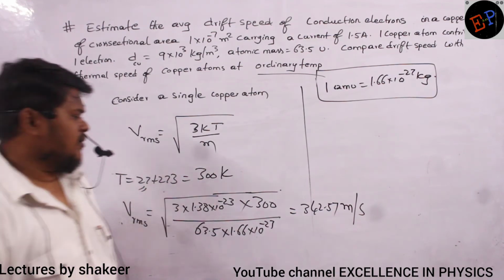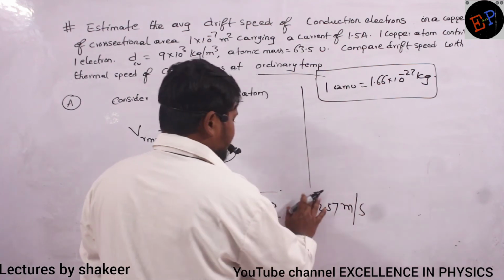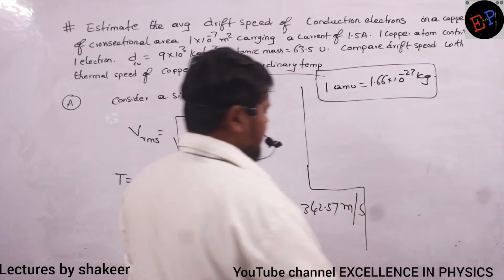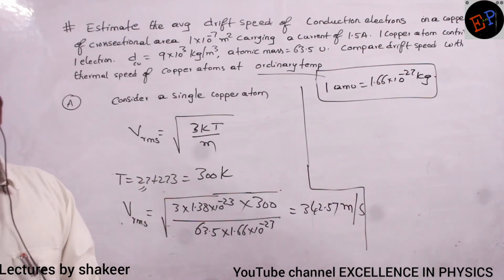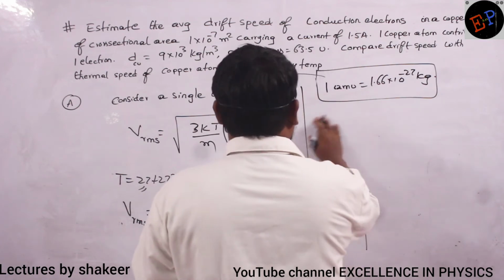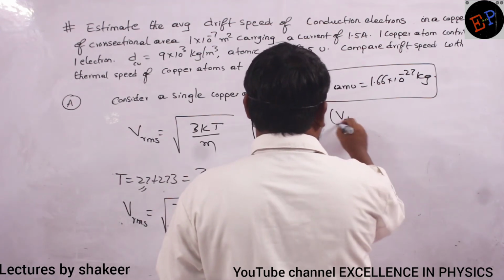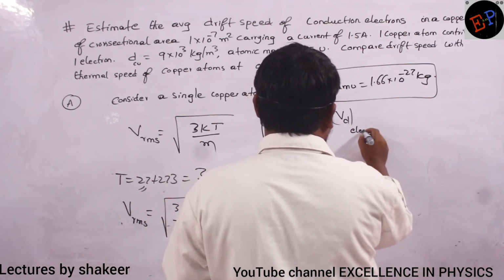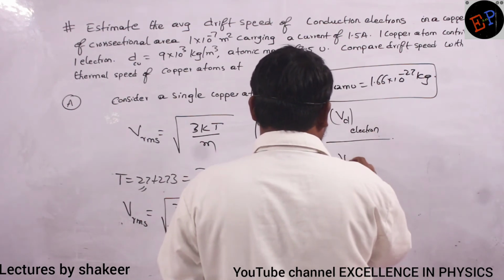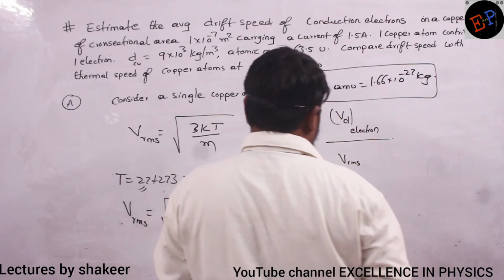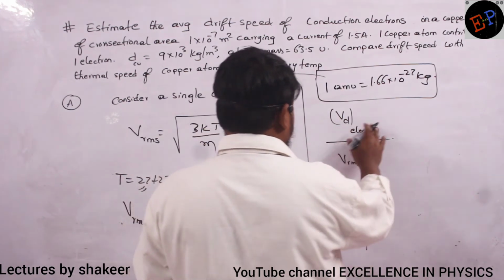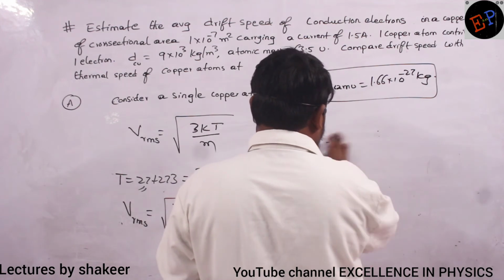Now he is asking us to compare. What is meant by comparison? Comparison means ratio, division. So drift speed of electron in copper divided by RMS speed. Or we will do one thing, we will take Vrms by Vd, that is better because this is a bigger value.